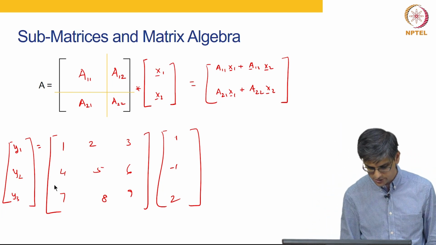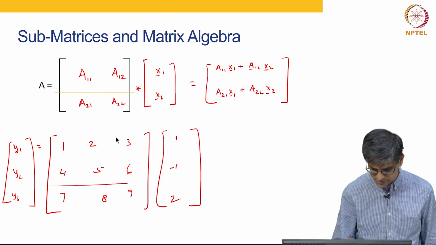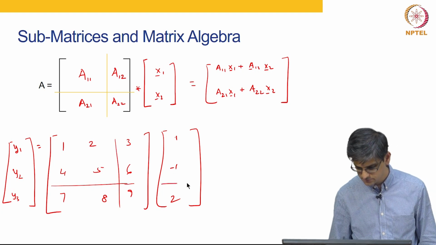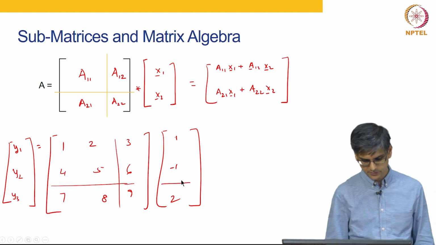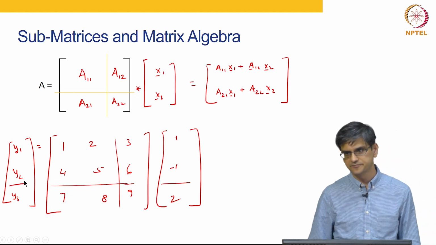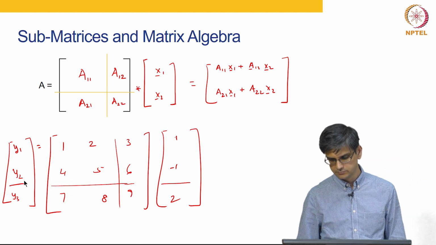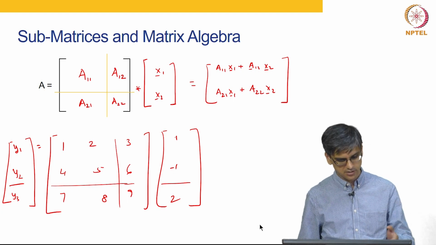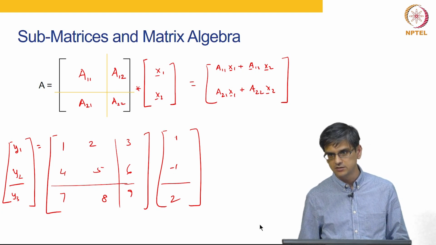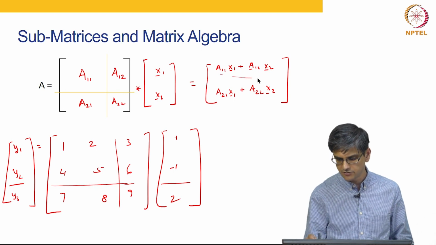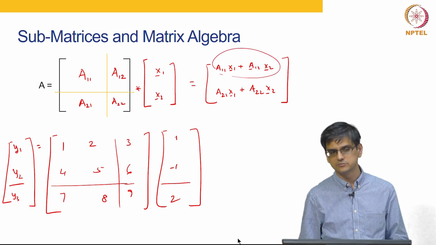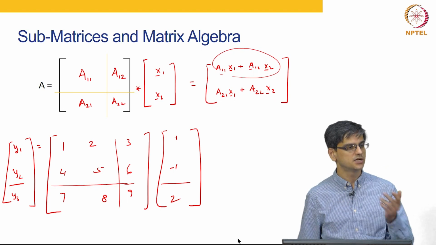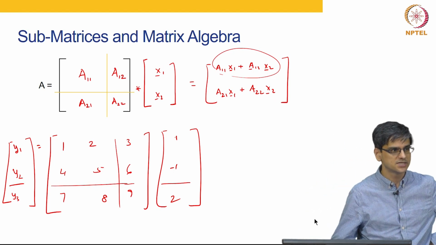Let us say we split this like this, and we split this like this. Do the full multiplication and get, for example, your y1, and then try to get your y1 by calculating like this. Maybe you want to try that, and you will see that both the y1s are going to be exactly equal.